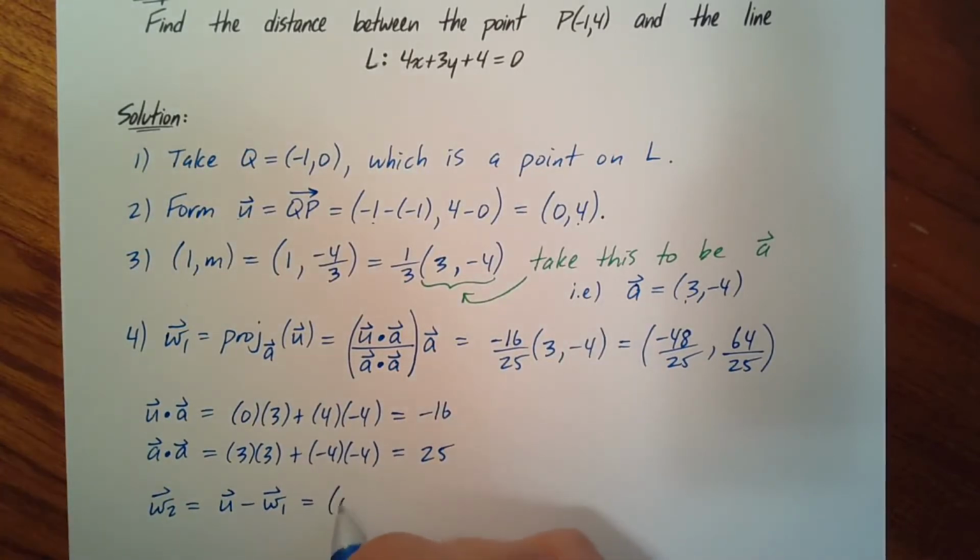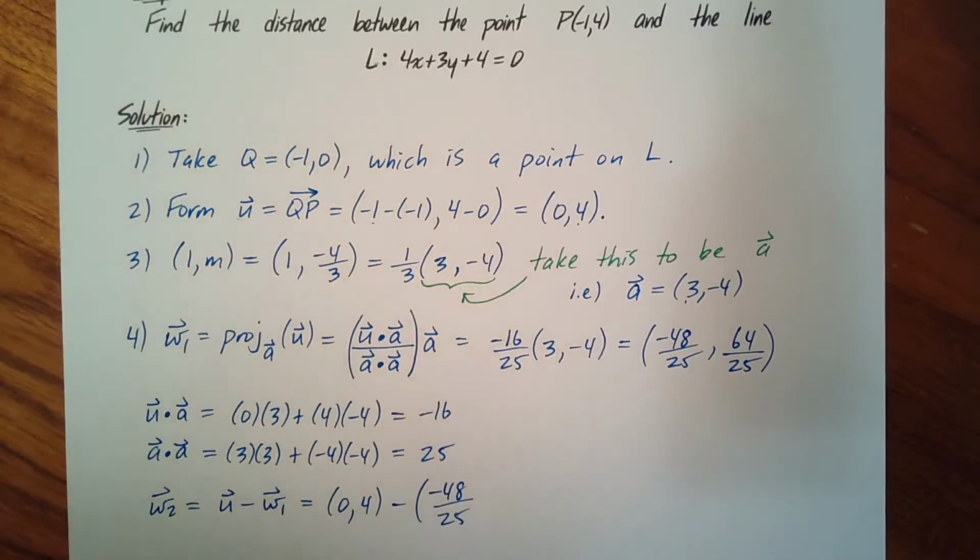So it's going to be 0, 4 minus W1, so it's going to be minus negative 48 over 25, 64 over 25. And it helps to actually write this as a fraction so it has a denominator of 25 as well.